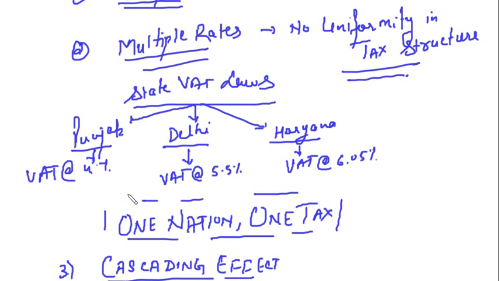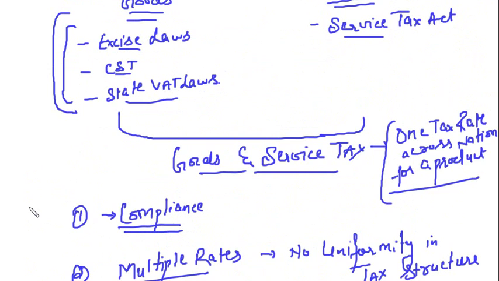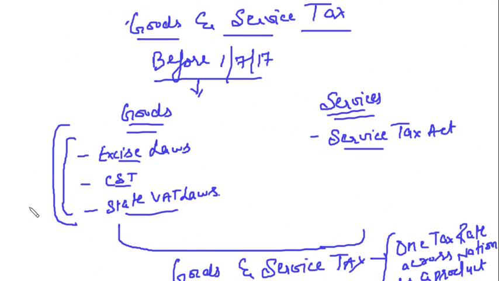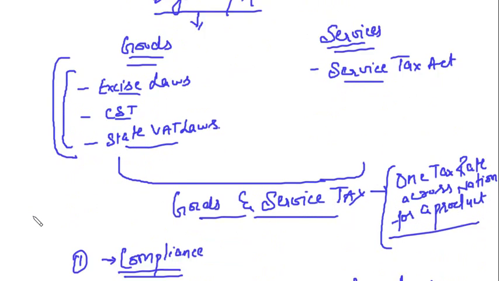We will move in the positive direction. There may be short-term hiccups, but if we see the long-term impact, definitely it is a positive move in the direction of growth. So I hope this much is understandable, why goods and service tax, introduced from 1st of July 2017, has been introduced in India.